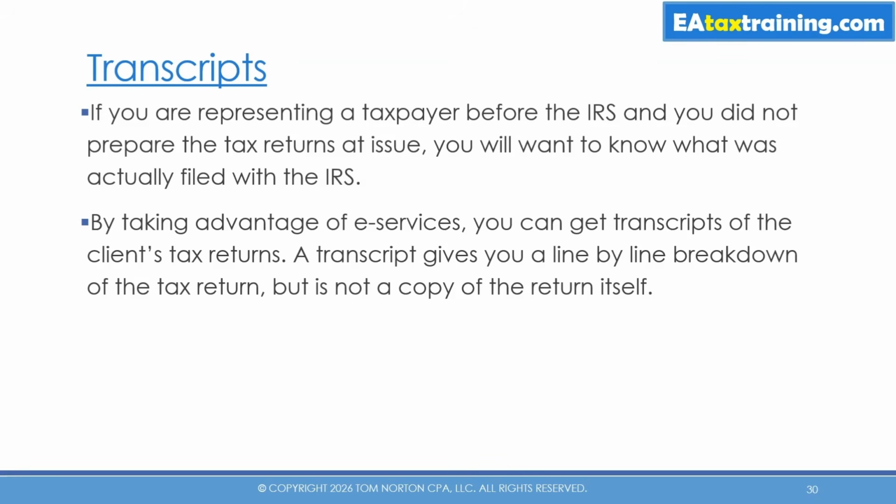I'd still want to have a copy of the tax return if I can get it, but the transcript is almost as good. And as I said, sometimes you're going to want it in addition to the tax return. By taking advantage of this online system, e-Services, you can get the transcripts of the client's tax return, and it is easy to do. So let's show you that.